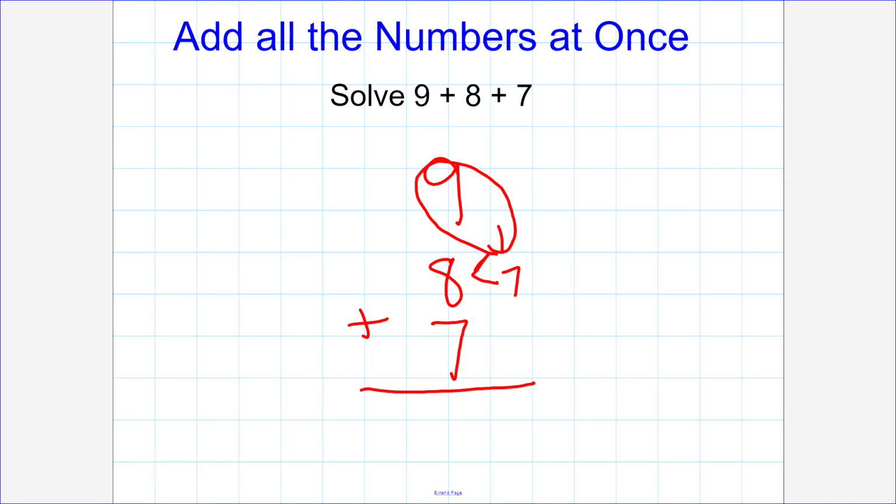Now I'm going to look at what I have left. I have 7 left from decomposing the 8, as well as another 7. I know that 7 plus 7 is going to be more than 10. So I'm actually going to need to make another 10. Sometimes, third grade, this happens when you're adding multiple addends. You may need to make more than one 10 in a place.